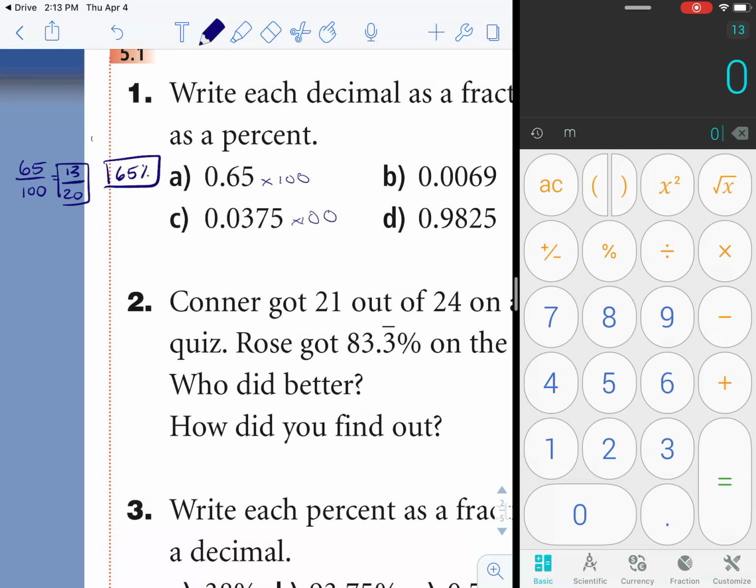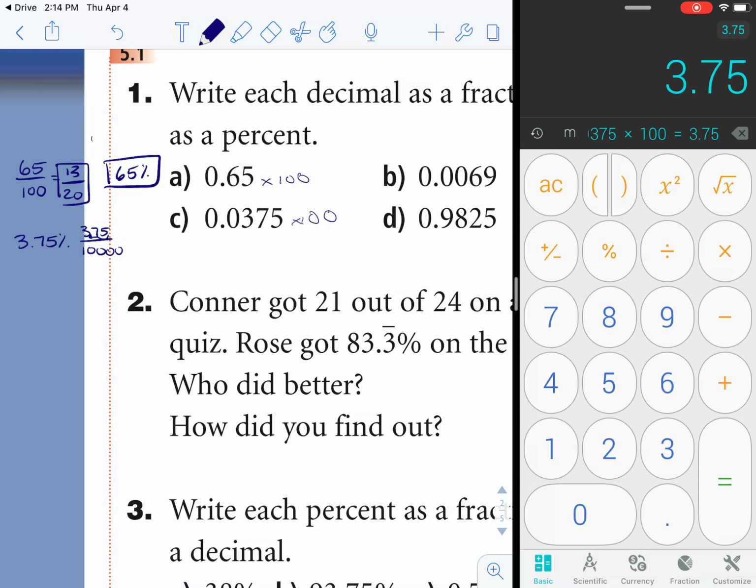All right, we'll go to C next because it's right here. 0.0375 times 100. So this will be 3.75%. And then percent means out of 100. So 3.75 out of 100. Now, this is not a whole number, so we need to move the decimal twice, which means we're going to add in 2 zeros.